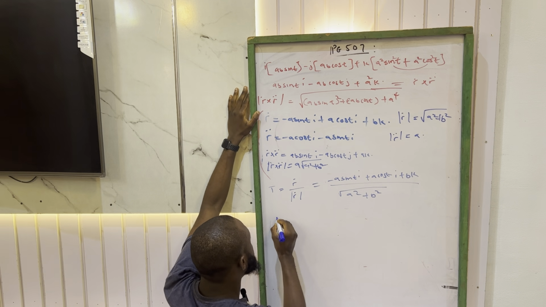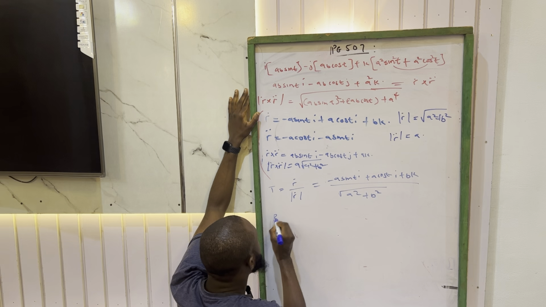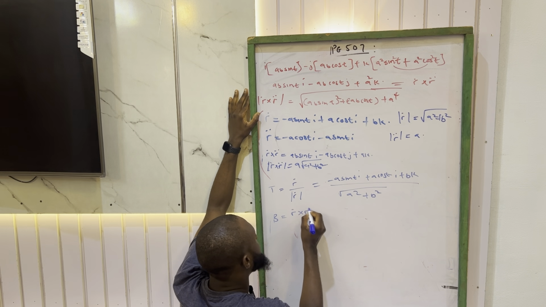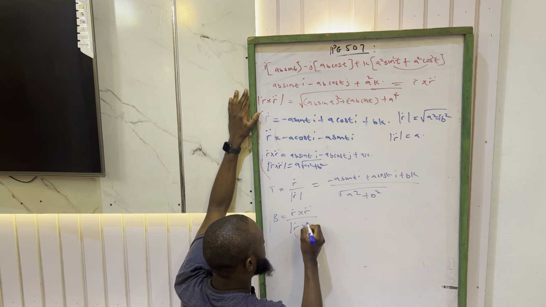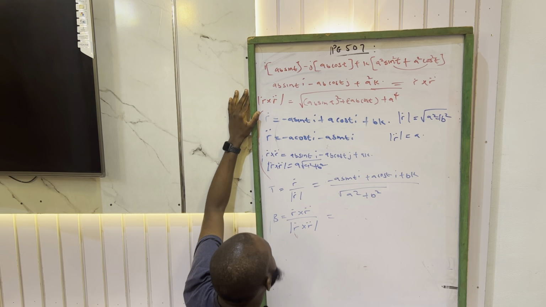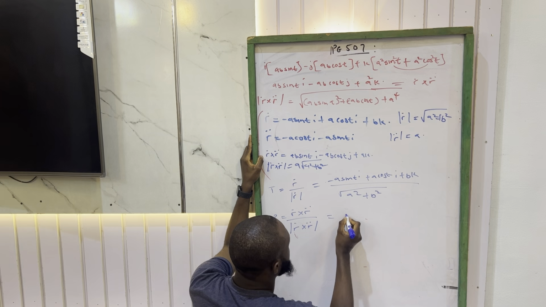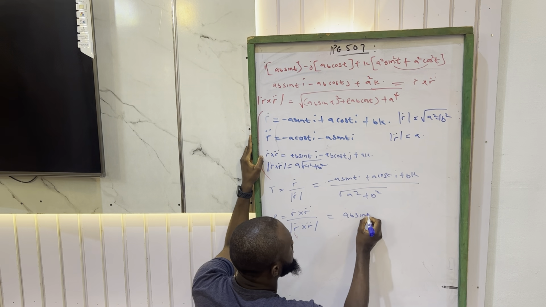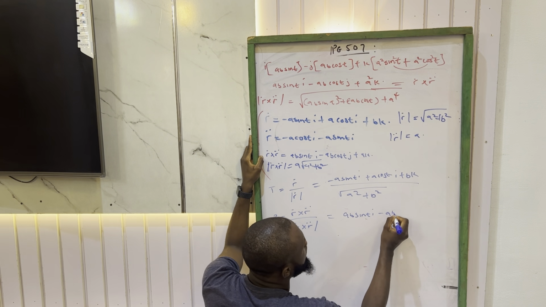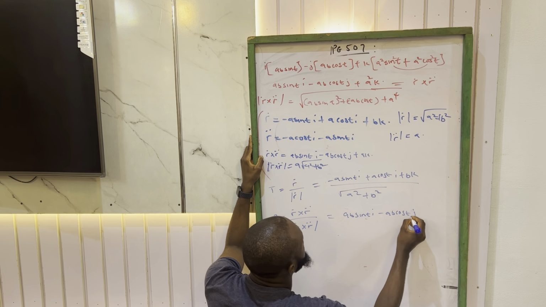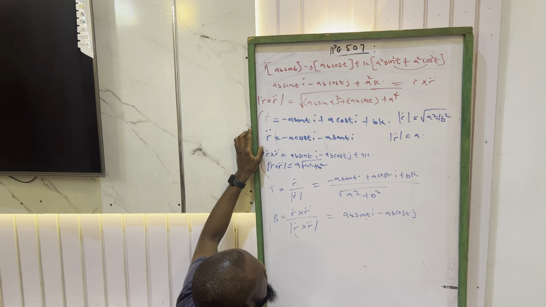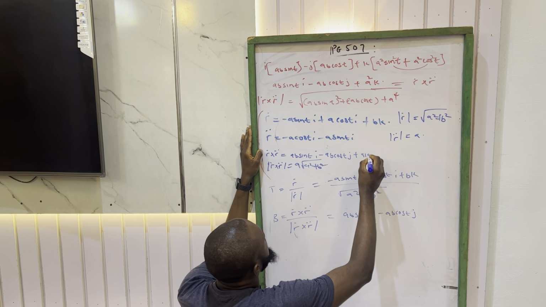So that's our tangent. Then our binormal, which is given by this cross this over the magnitude of this, is given by ab sine t i minus ab cos t j.